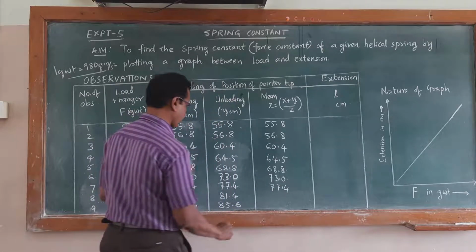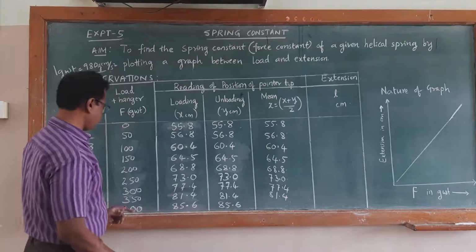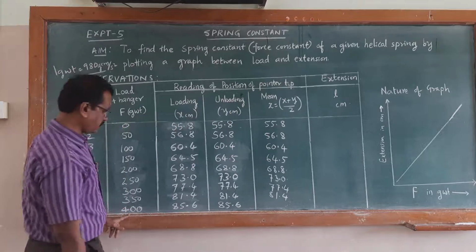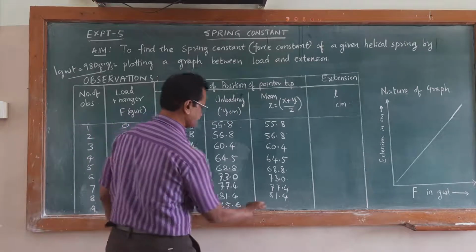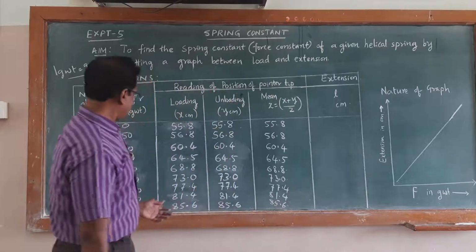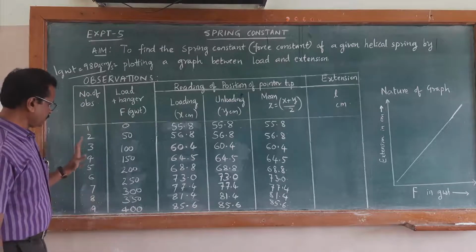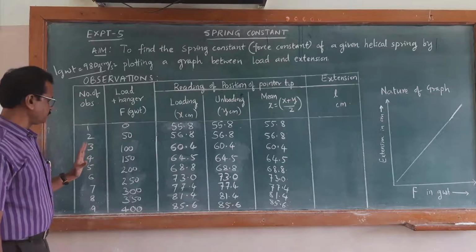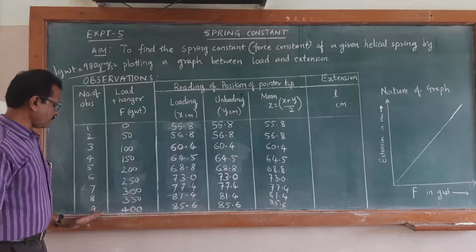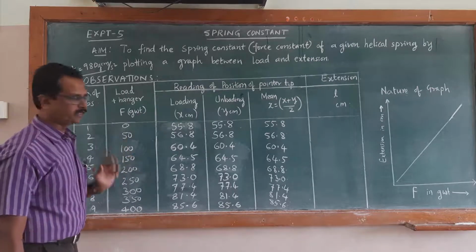Next 81.4 for 350 gram. Now for 400 gram it is 85.6. So we have taken nearly 9 readings. So a set of 8 slotted weights are taken. Each slotted weight is of 50 gram weight, right?